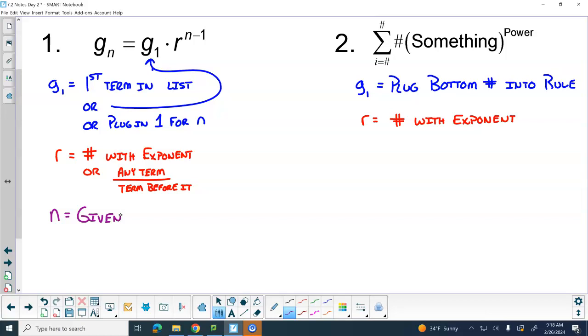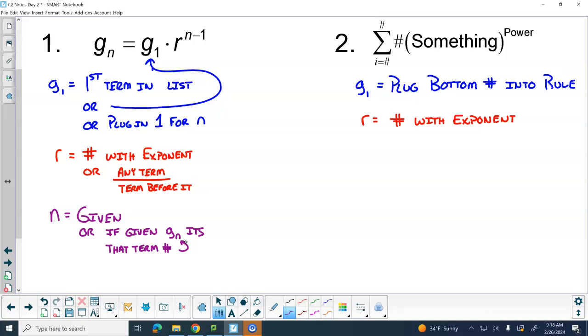Or, if it says the last term is G sub 5, then your total number of terms is 5.